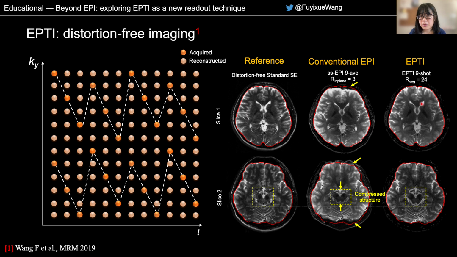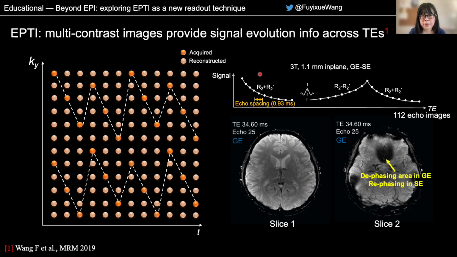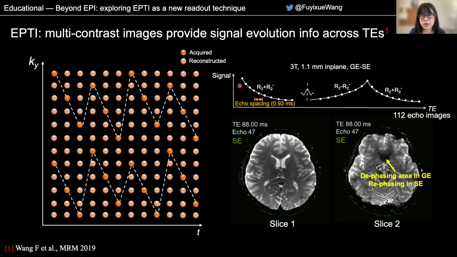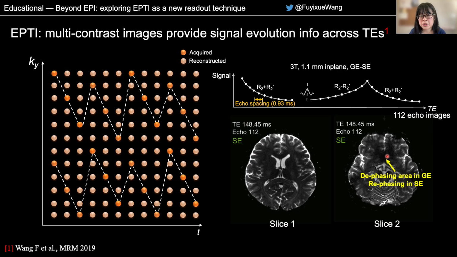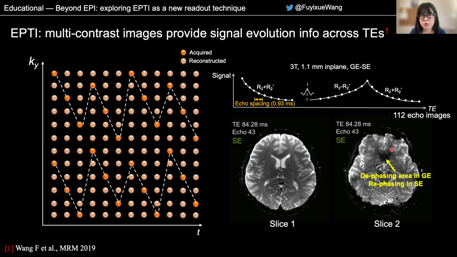Here are example distortion-free EPTI images with the same contour as the distortion-free reference, whereas conventional EPI has distortion and compressed structure. And here are example multi-contrast images resolving a gradient echo and spin echo EPTI acquisition from two slices. And you can see the dephasing area spreads out in the gradient echo with increases in TE and is gradually refocused at the spin echo as expected.